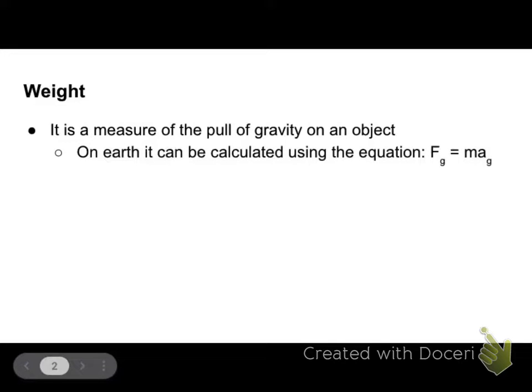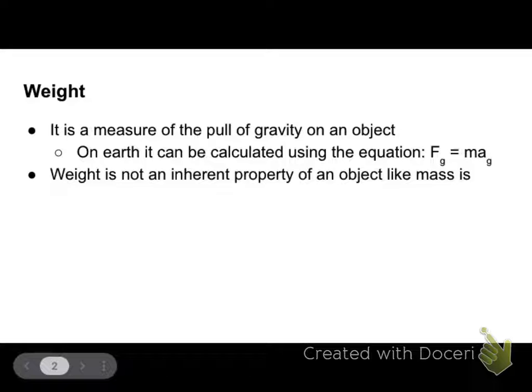On Earth, we can calculate the force of gravity, or your weight, by using the equation force of gravity is equal to your mass times the acceleration due to gravity, which we know is 9.8 meters per second squared. 9.81 meters per second squared. Okay?